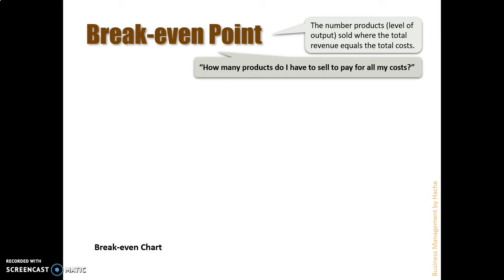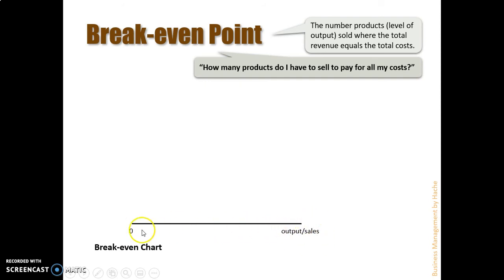This chart has two axes. The horizontal axis is the one with the output, the one with the sales. So you will see this horizontal line is about the number of products. The output, the products you are making, or the sales, the products you are selling.